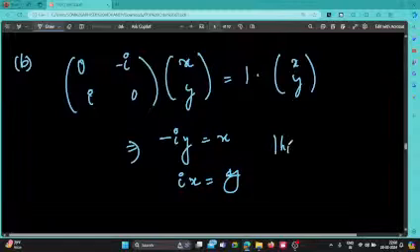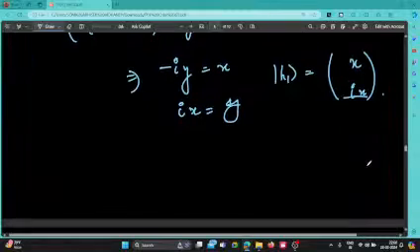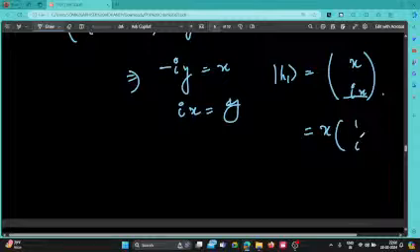So the first eigenvector h1 has first component x and second component ix, so it can be written as (1, i).